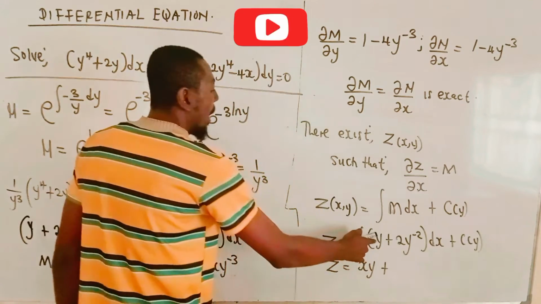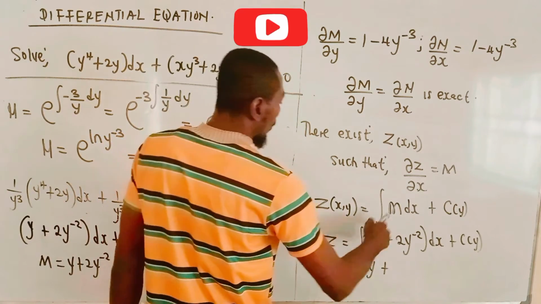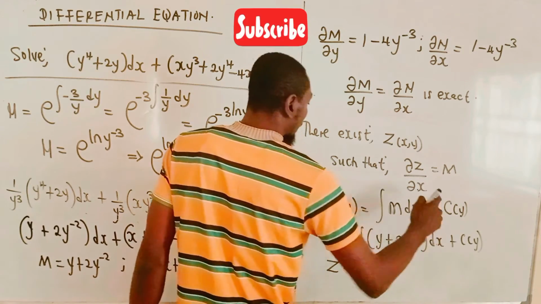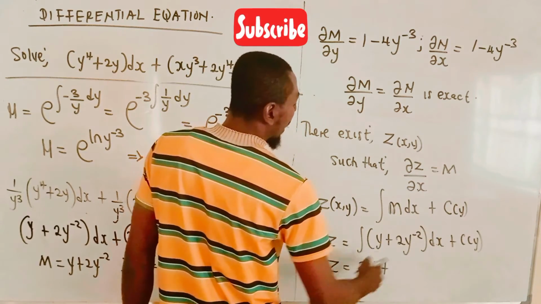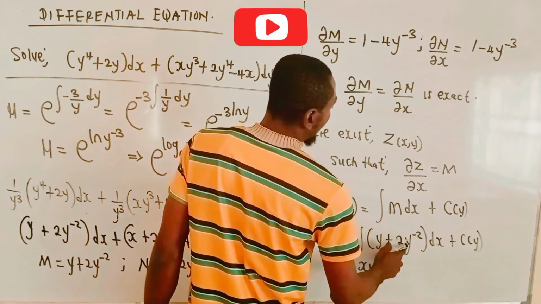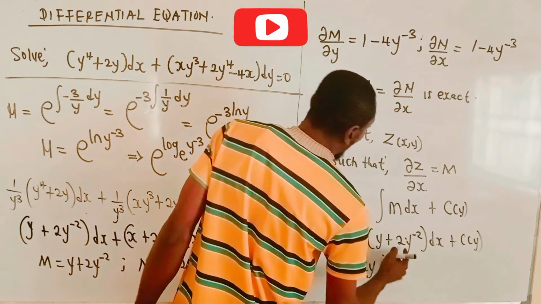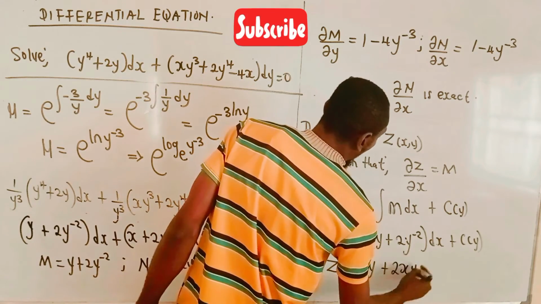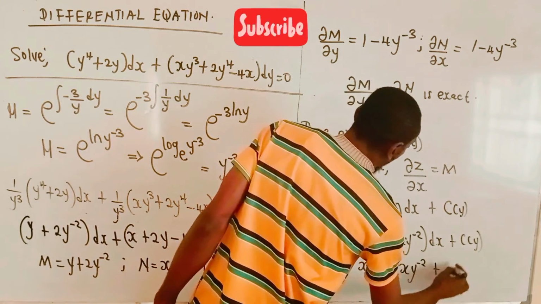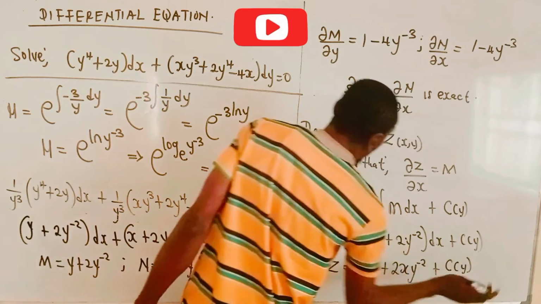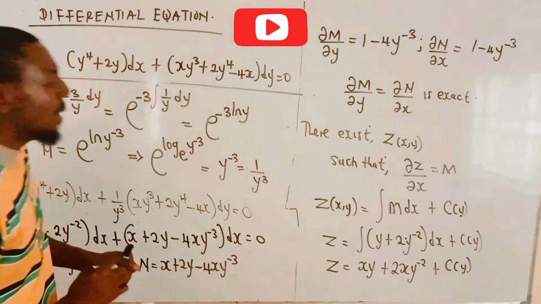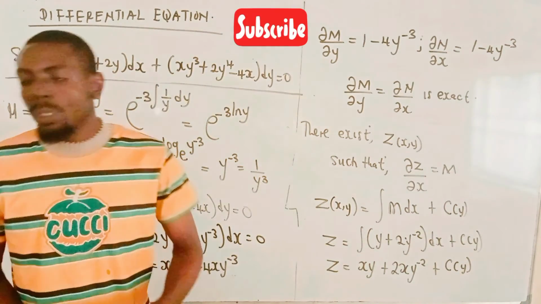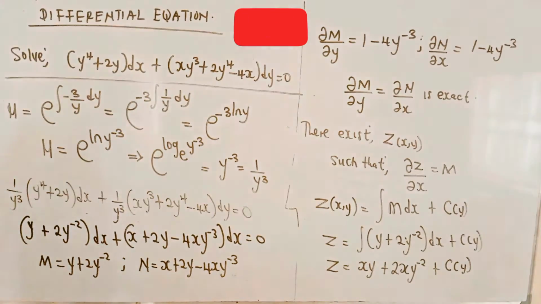Y is considered to be a constant, so integrating a constant will add a variable because it's with respect to x. The integral of 2y raised to the power minus 2 is 2x y raised to the power minus 2, plus c of y. Okay, so this is our major equation, but we're going to evaluate c of y and add it to the equation.